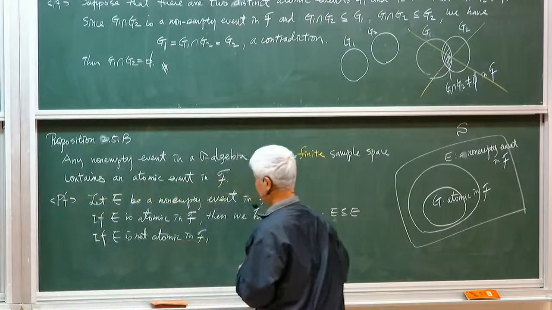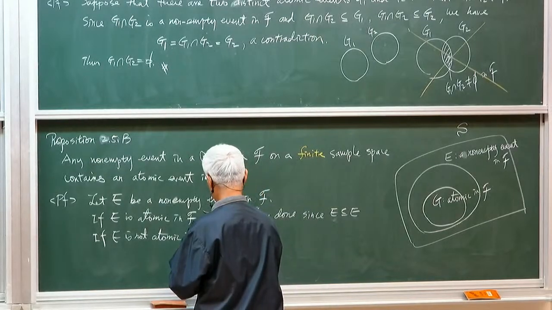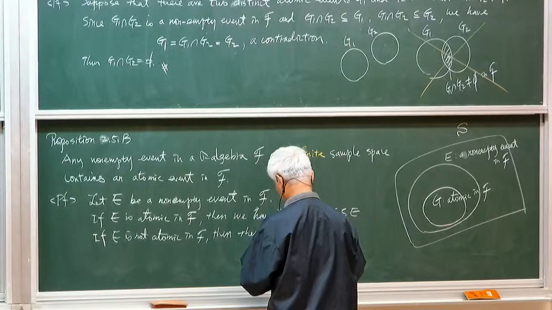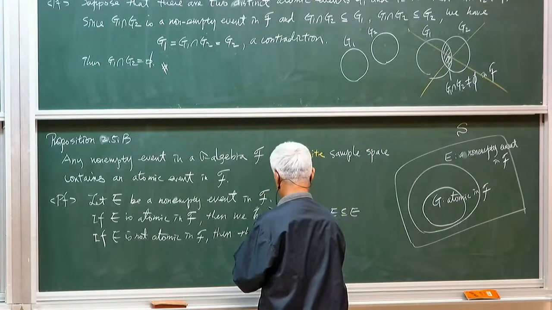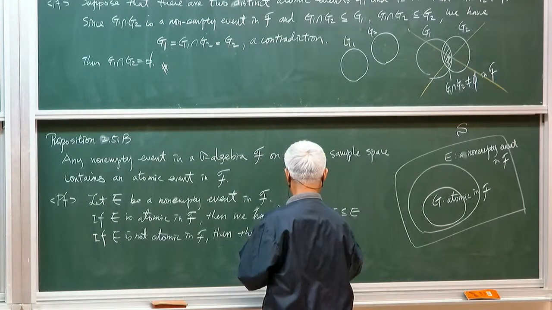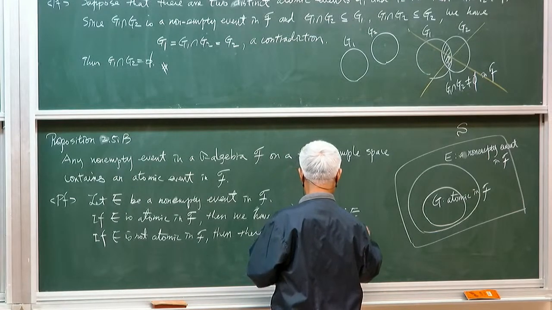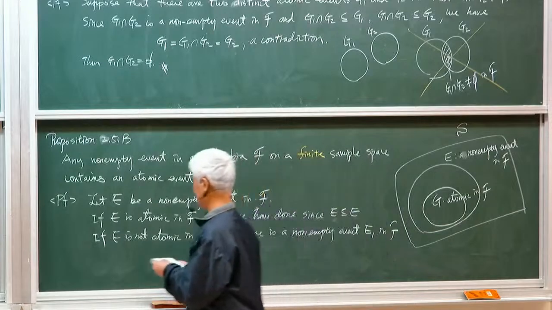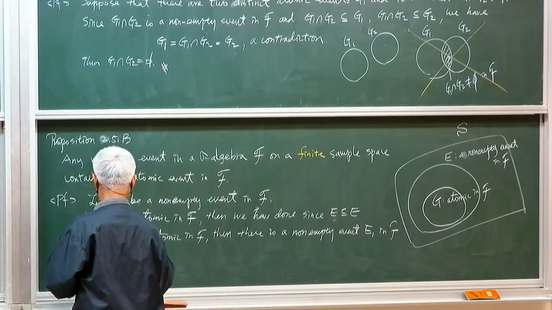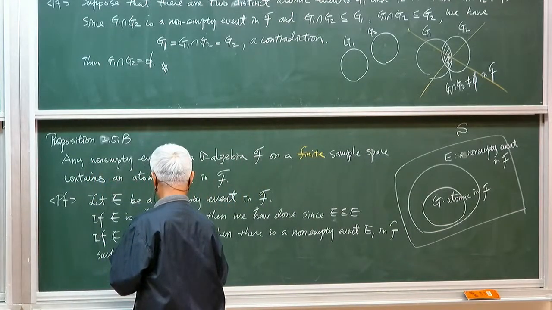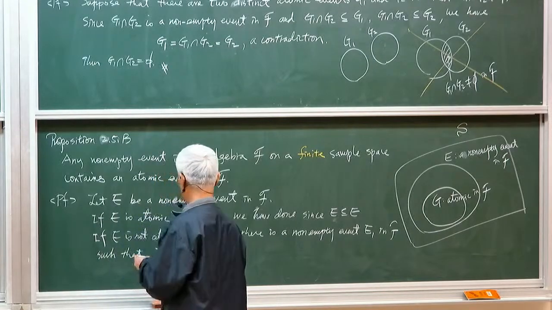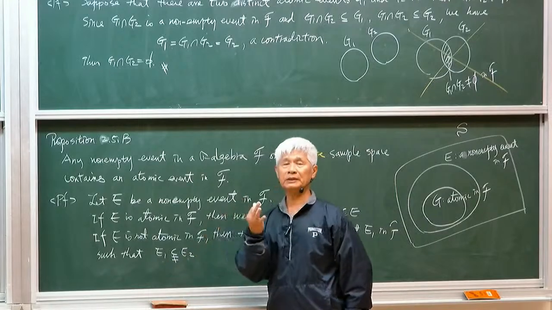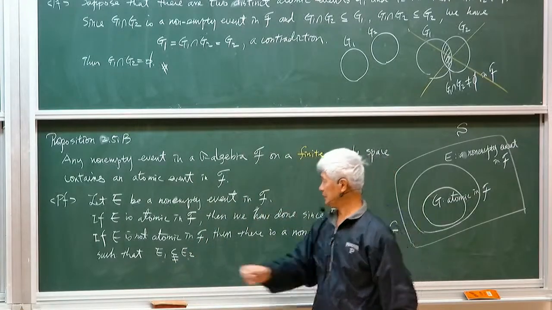So if E is not atomic in F, then there is a non-empty event, we call E sub 1, in F, such that E1 is contained in E but not equal to E. So E1 is a proper subset of E.